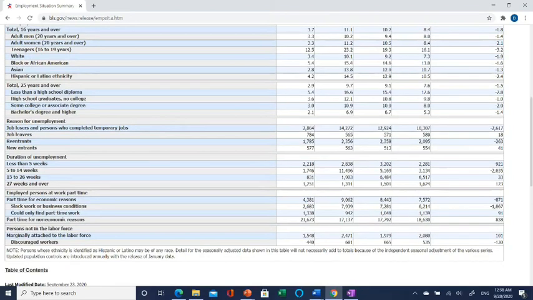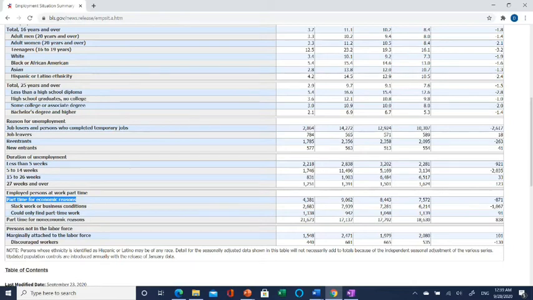So we do this analysis in our discussion forum. I will just leave it to you, but I want to mention two other things here. As you see on this table, we have the part-time workers for economic reasons. Remember, part-time workers are considered as full-time.